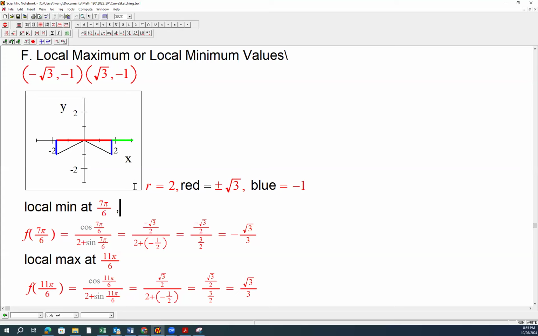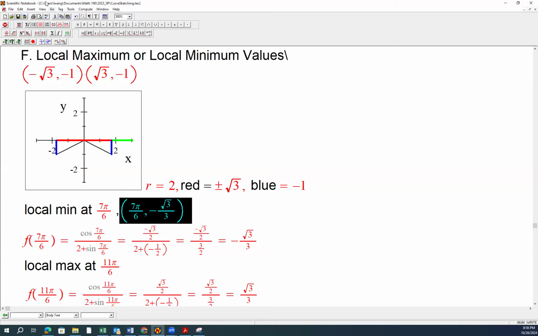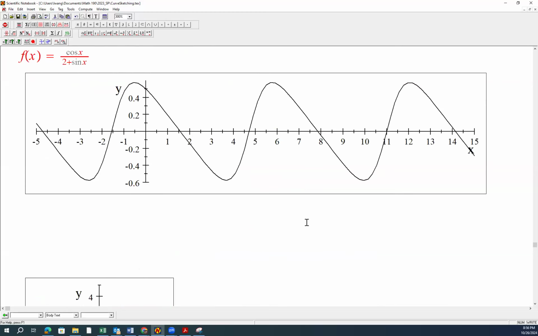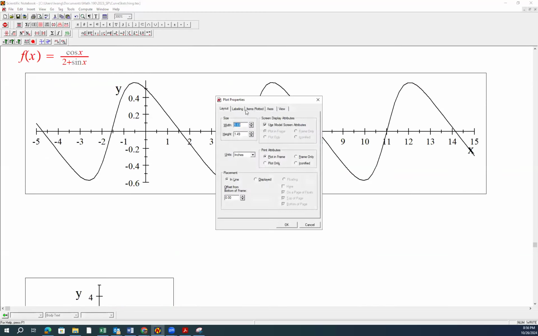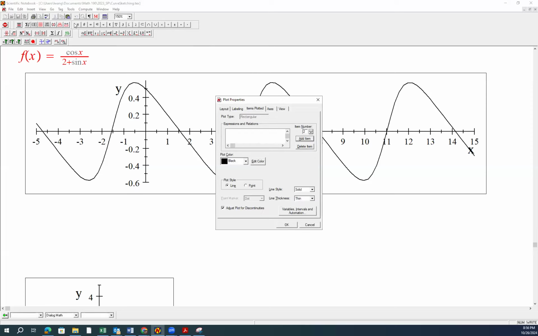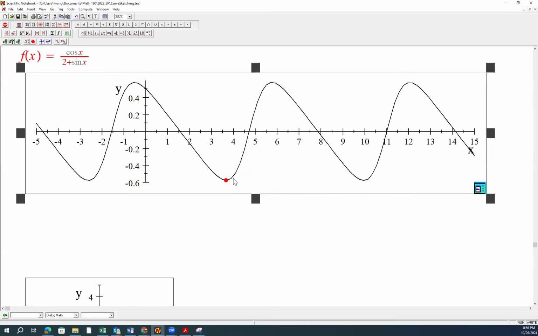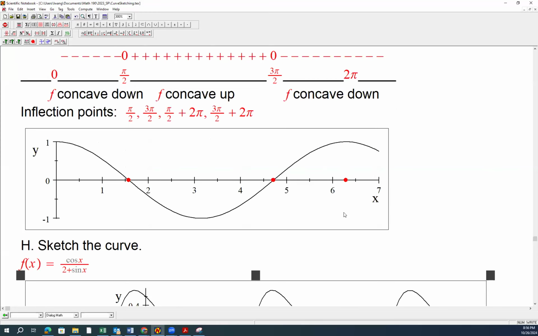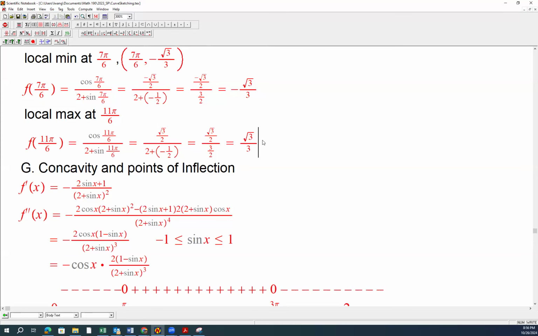So that point is 7 pi over 6, that's the input, and the output is negative √3 over 3. If I am to plot this point on the picture, you shall see that. I'm going to make a red dot. Local min.